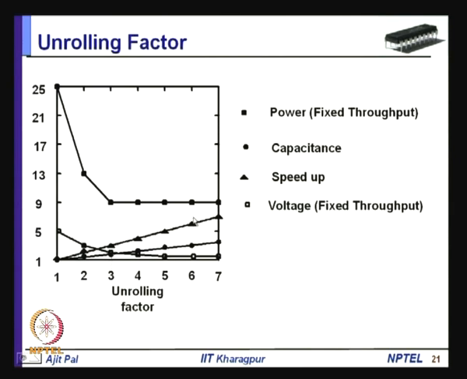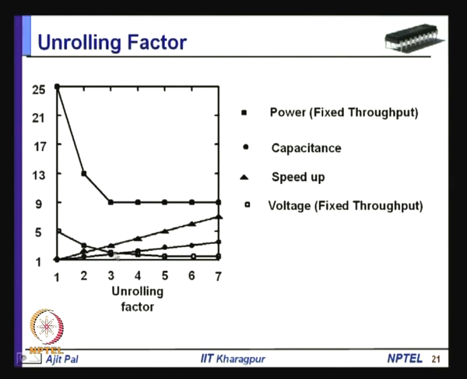However, as you do the unrolling, you can see other parameters like capacitance. Capacitance keeps on increasing, linearly as shown here, because as you do the unrolling, you will require more and more hardware. Speed up will also increase linearly, but the voltage that you can use can be reduced only initially as you go from a single stage to unrolling by 2 or unrolling by 3.